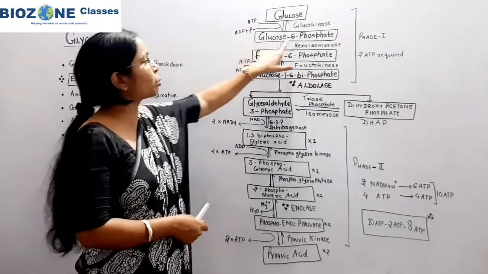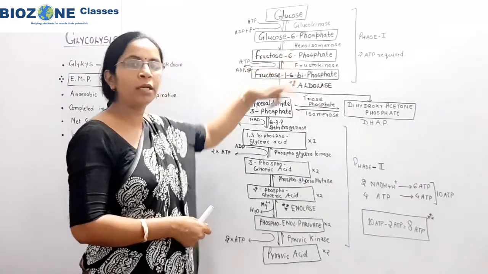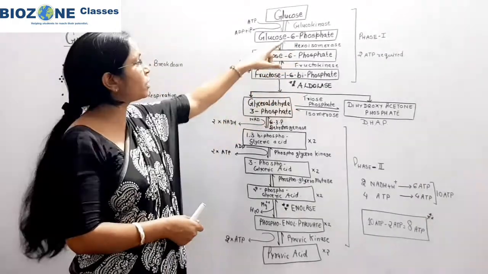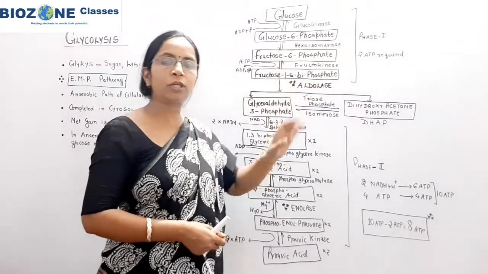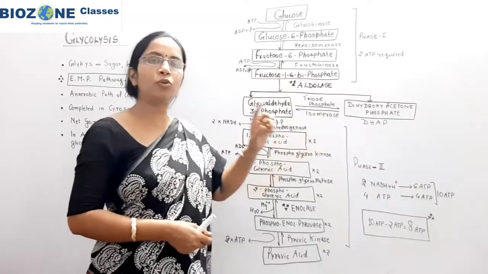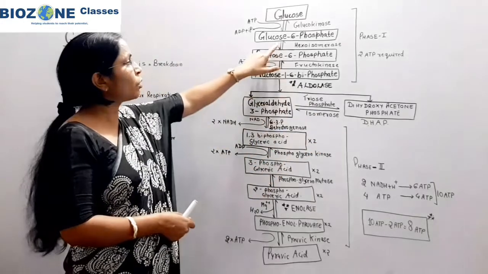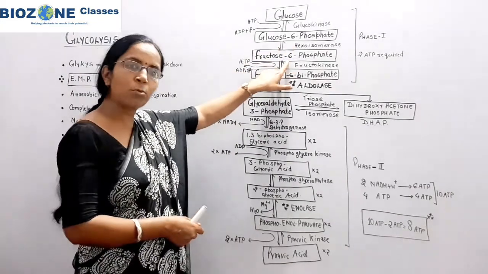This inorganic phosphate is used for the formation of glucose 6-phosphate. The second reaction of glycolysis is an isomeric reaction. The glucose 6-phosphate gets isomerized into fructose 6-phosphate.